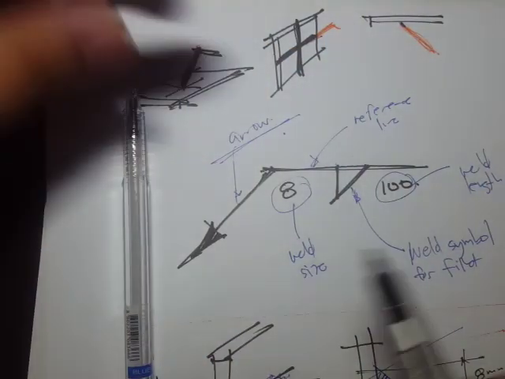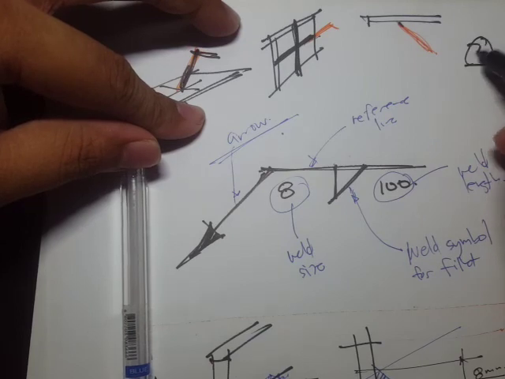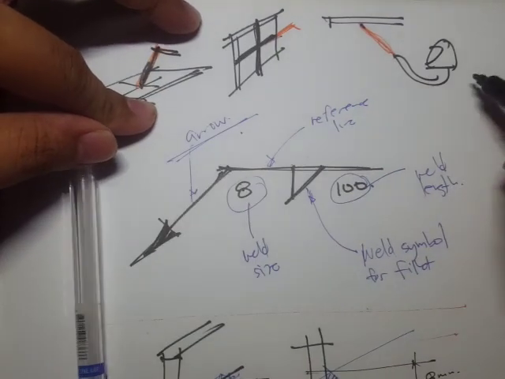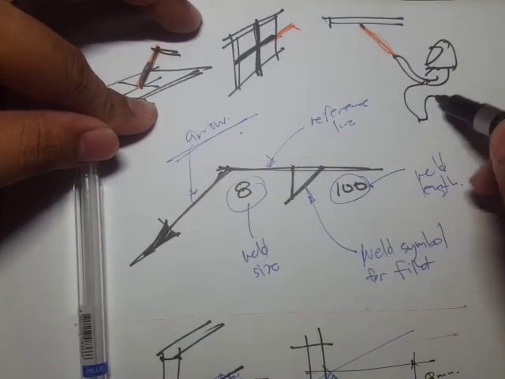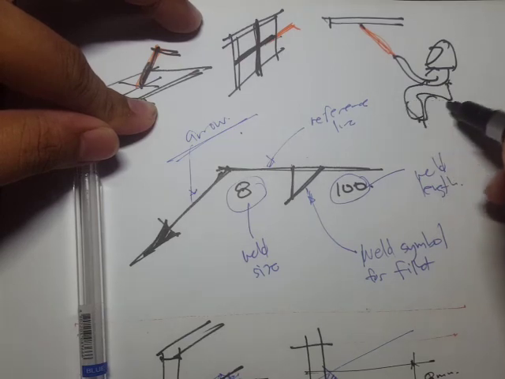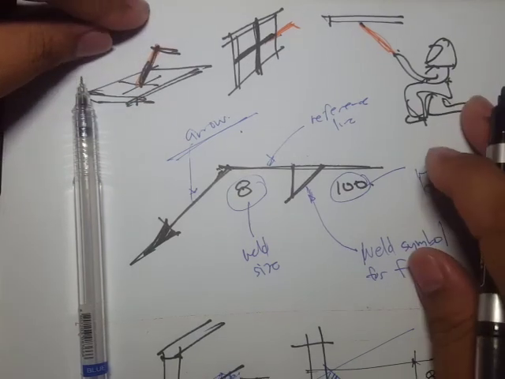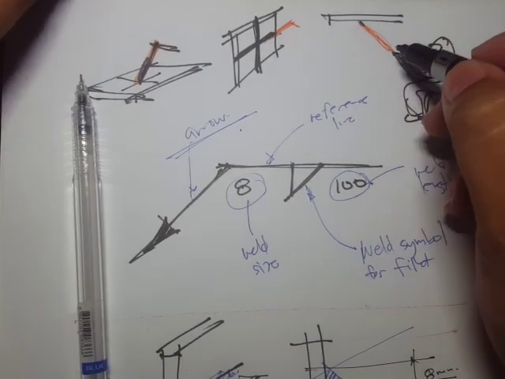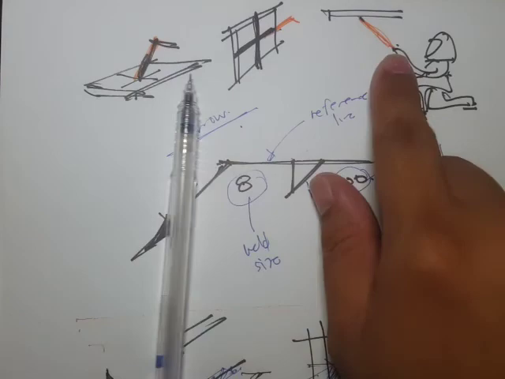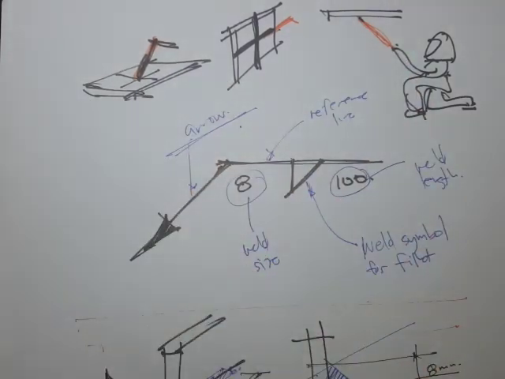So meaning the welder is here and he's doing this welding job. Okay, so it's welding like that. It's drawn something like a sword, but that's the electrode.